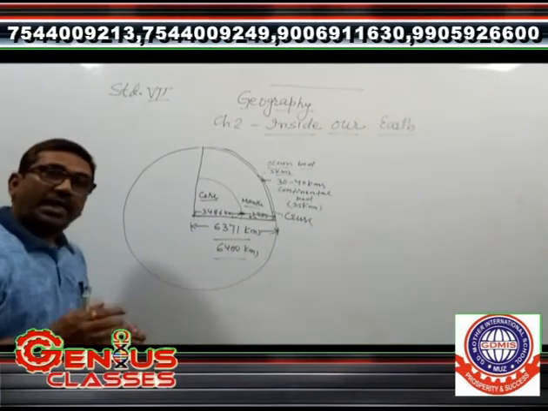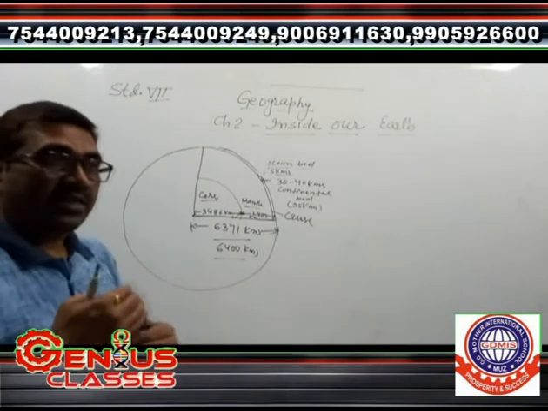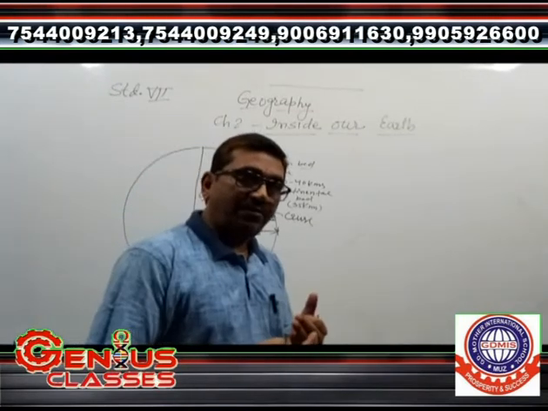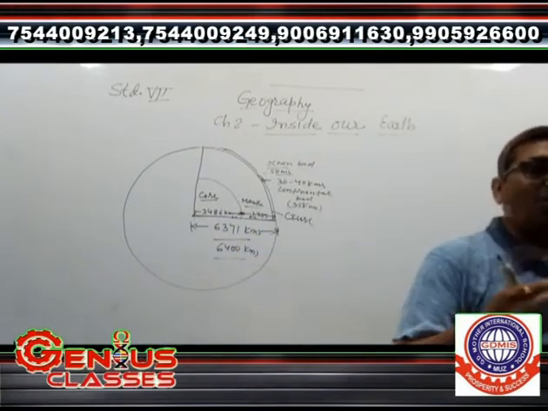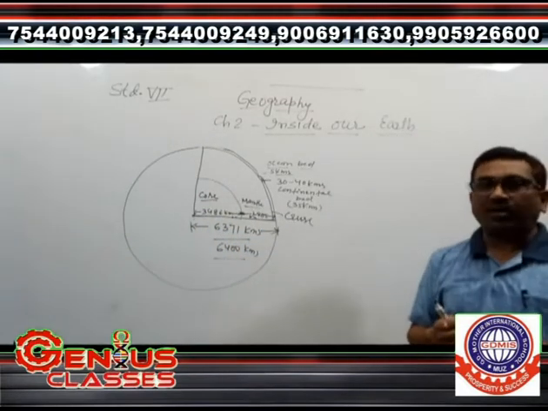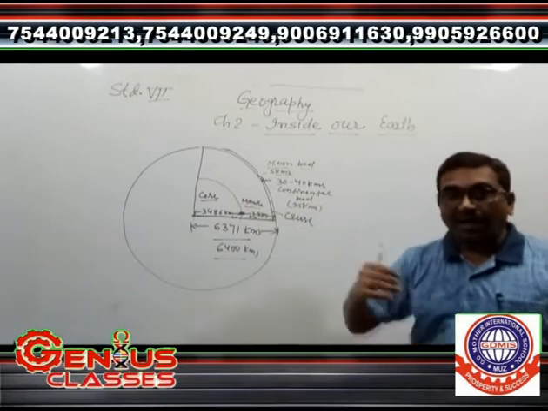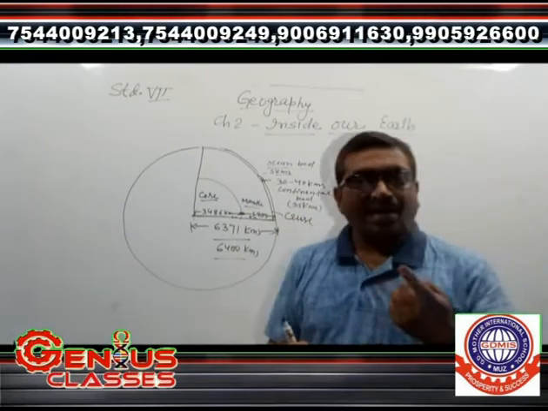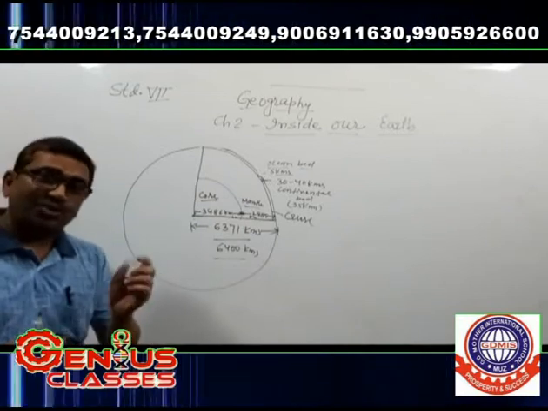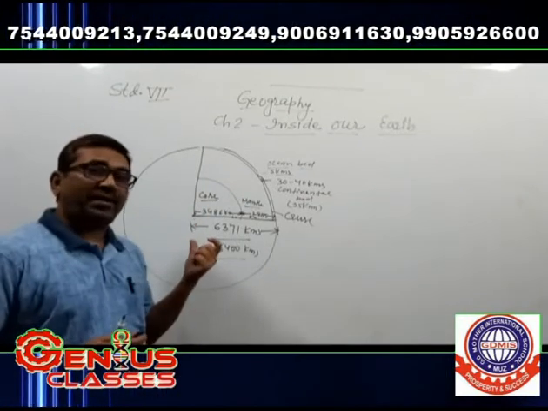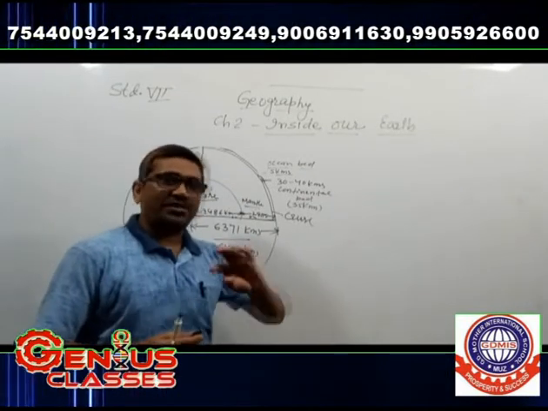Now, is their composition the same or different? You people will say, sir, it will be different. Why will it be different? Sir, you have given different names. If there was one name, everyone would understand that it is one. Since we have given the 3 different names, their compositions might be different.